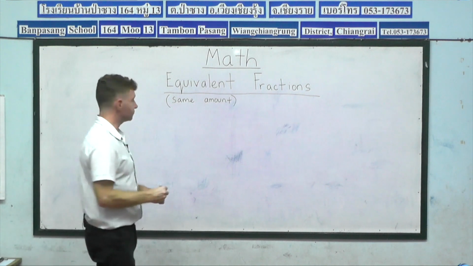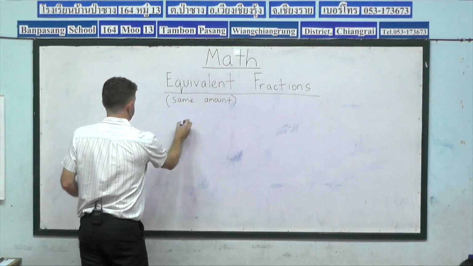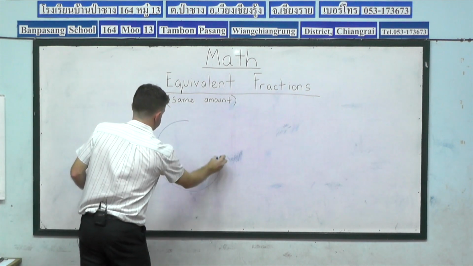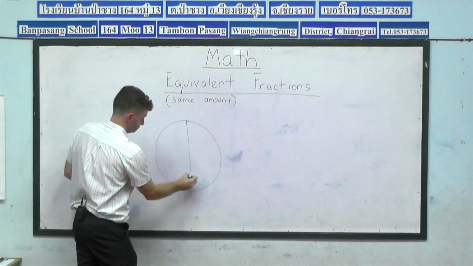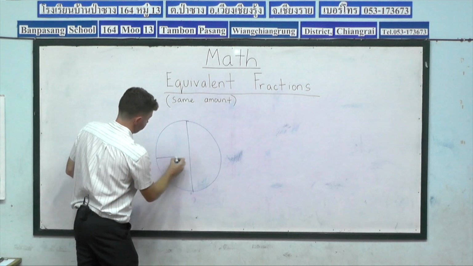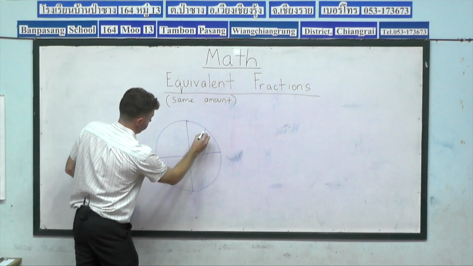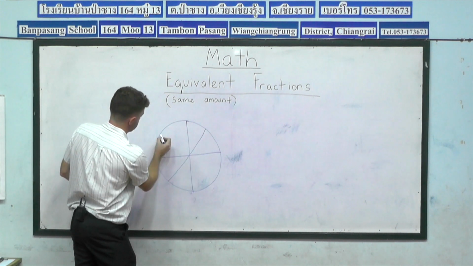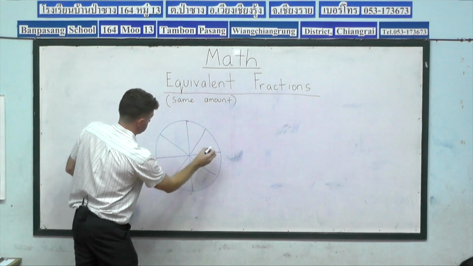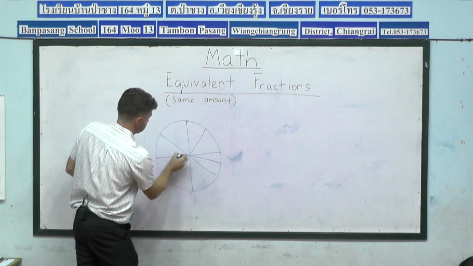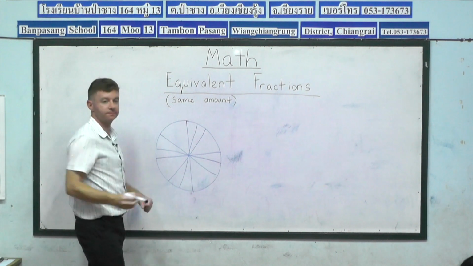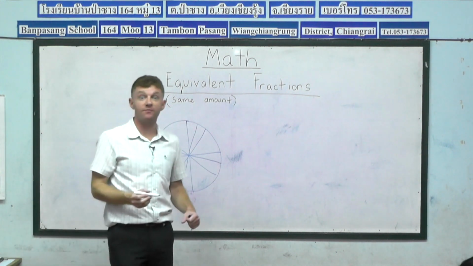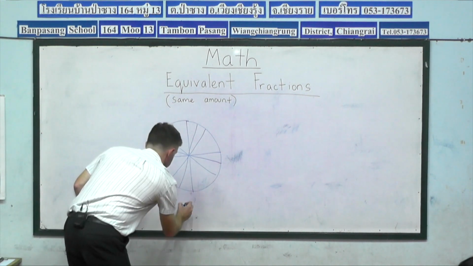Okay, so the next one we can do, we'll divide this one into 2, 4, 6, 8, 10, 12. Okay, so we've got 12 parts to our circle.